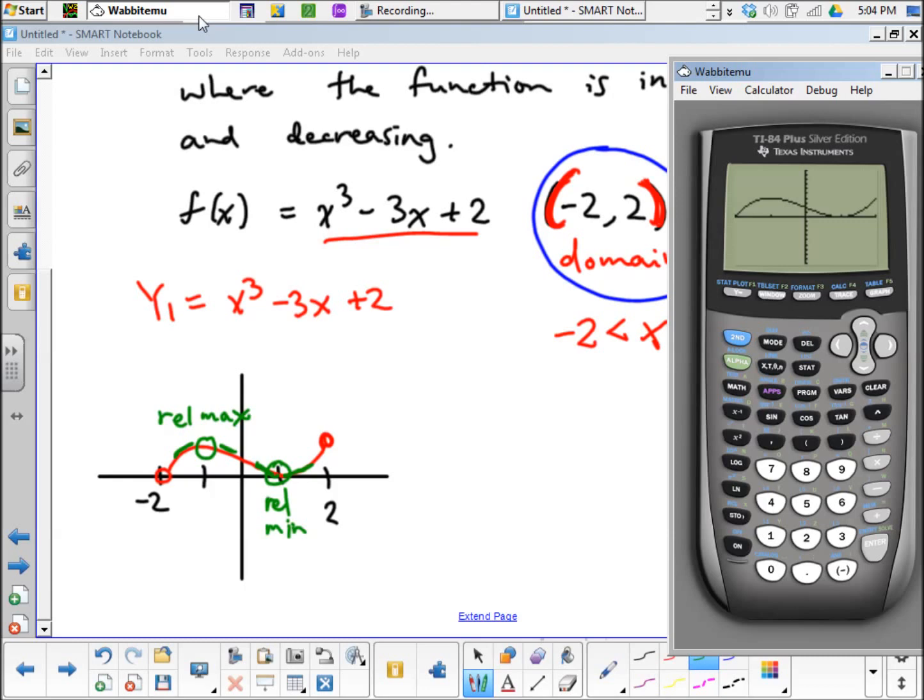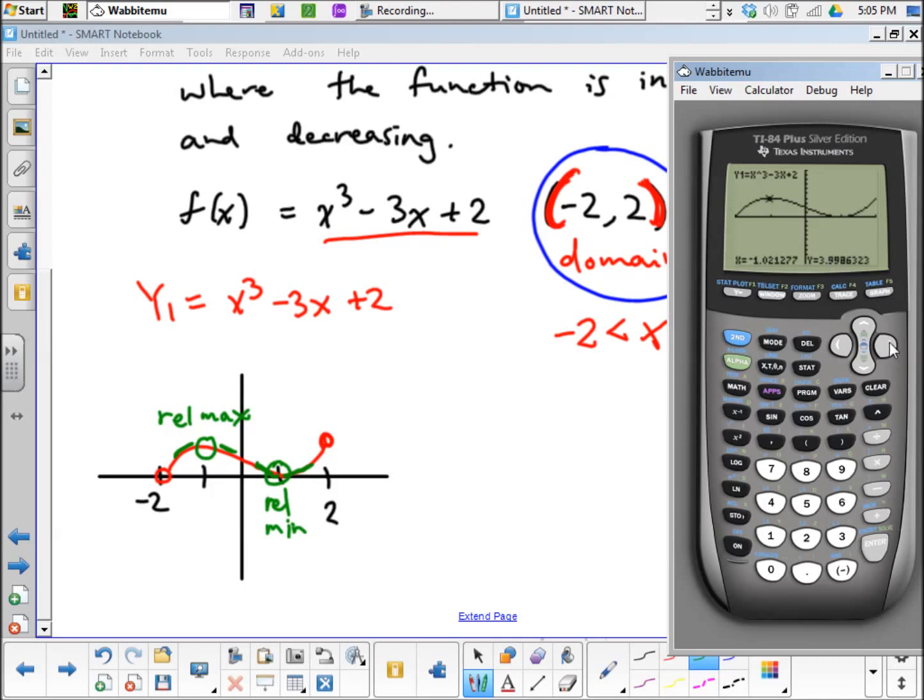Okay, so I'm going to use some of these technology features. I'm going to press trace, it's right there where my arrow is. And then I'm going to press the left arrow until my little cursor gets to the highest possible point. Well, look here, the x right now is -1.06, and the y value is around 3.98.